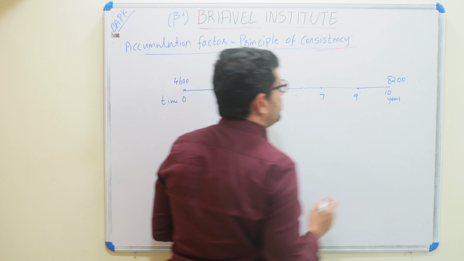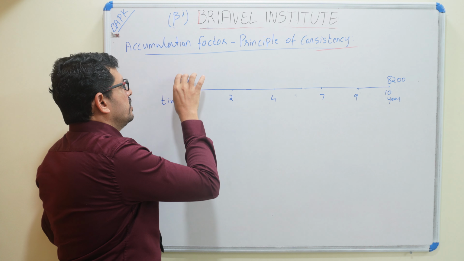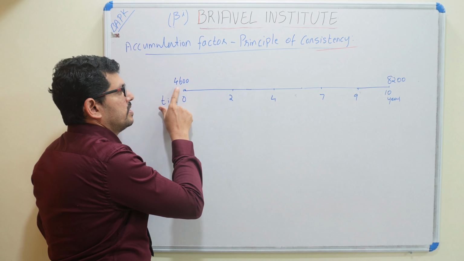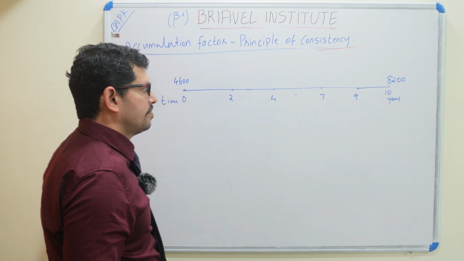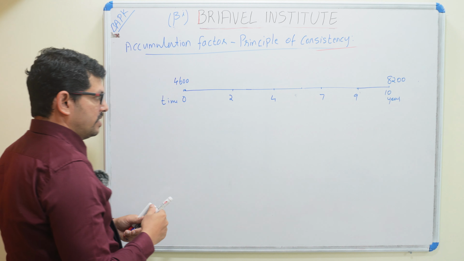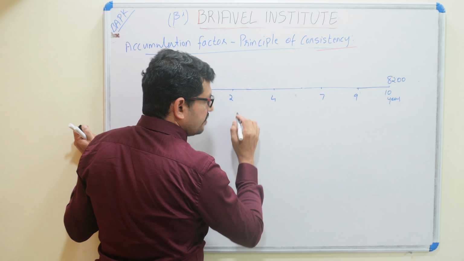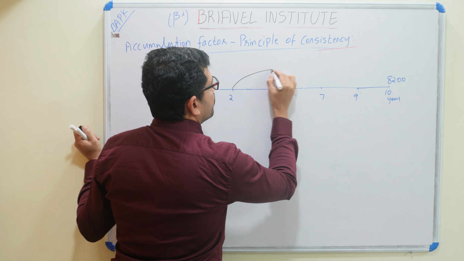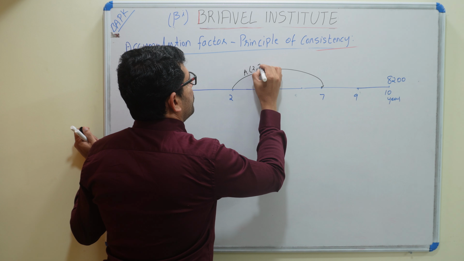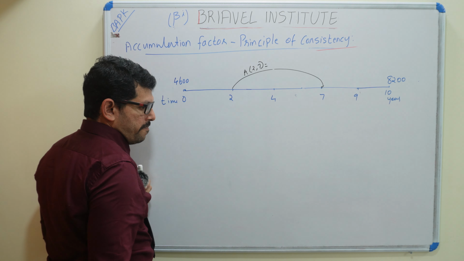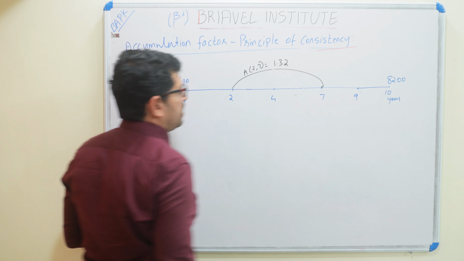So it is accumulated to 8200, and they have given some intermediate accumulation factors. A227, the accumulation from 2 to 7, is equal to 1.32.